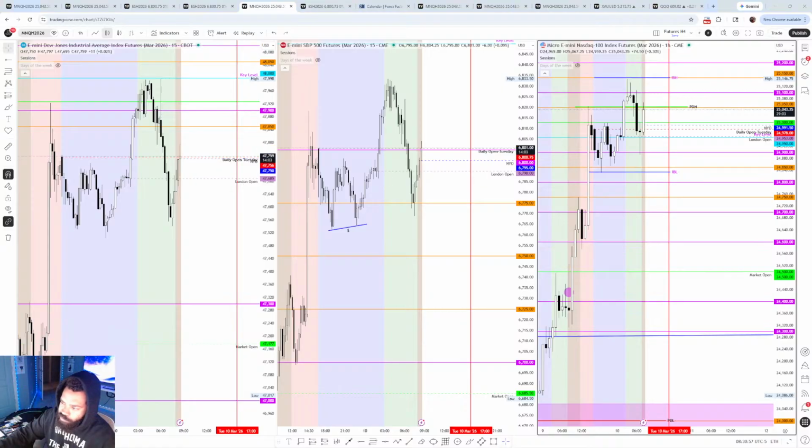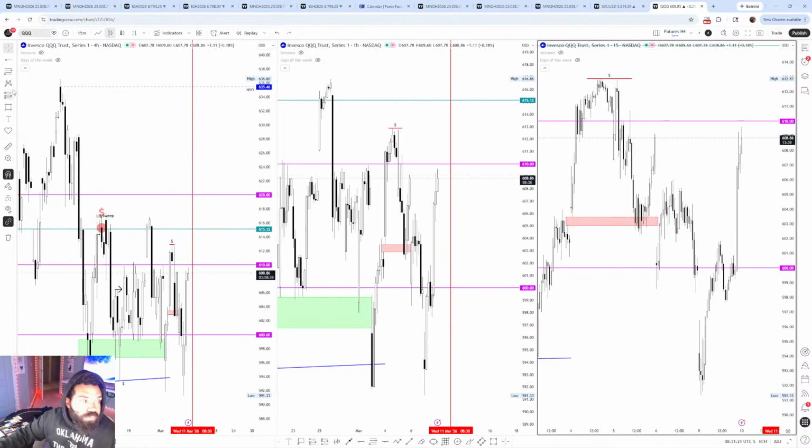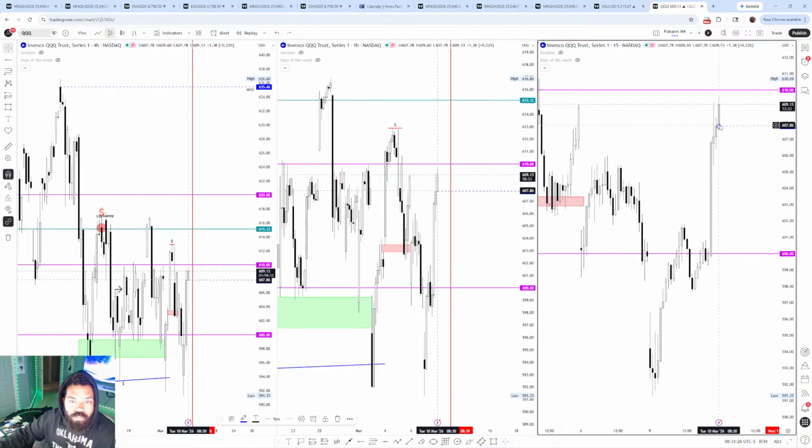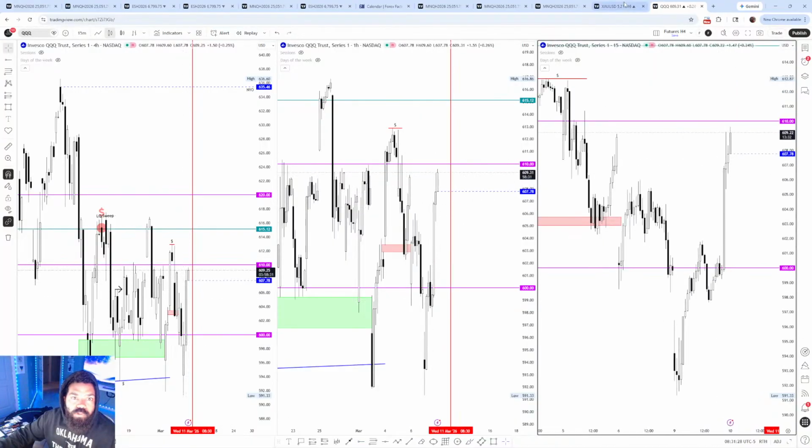I'm not chasing anything or anything like that. So take a look at QQQ. Let's mark that open.